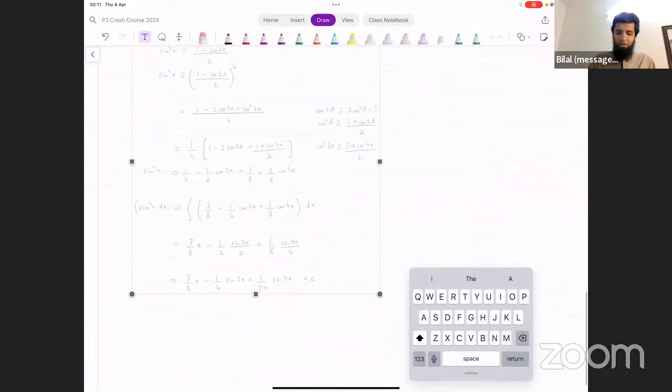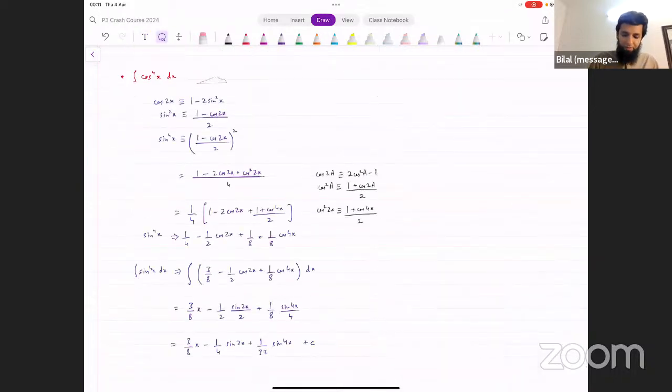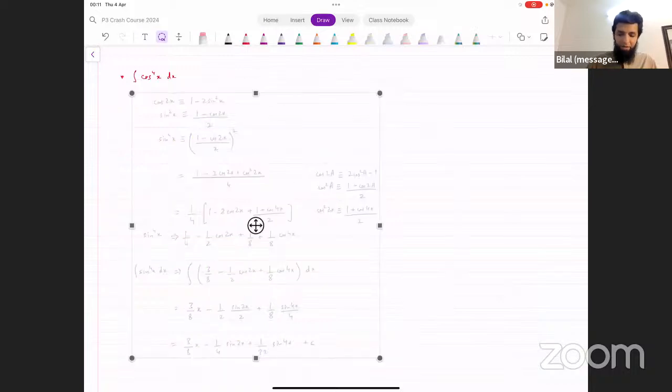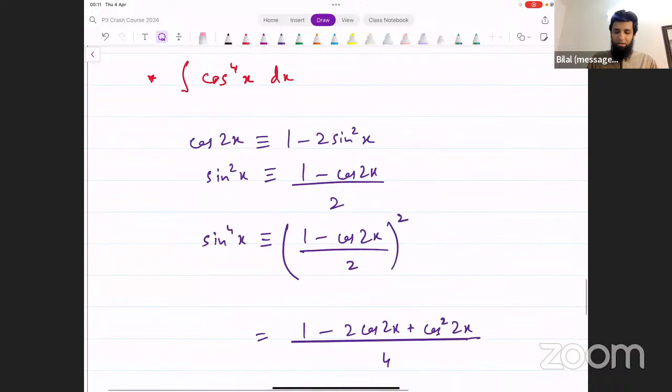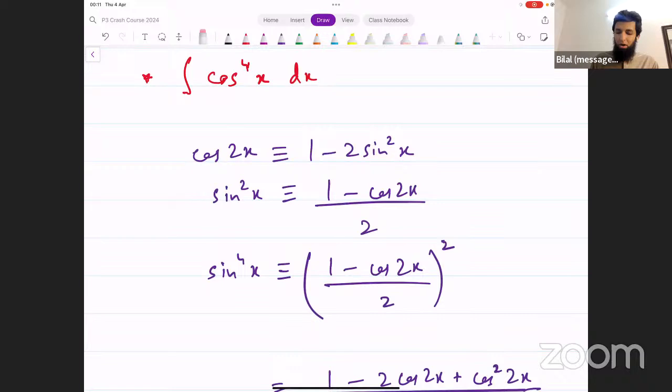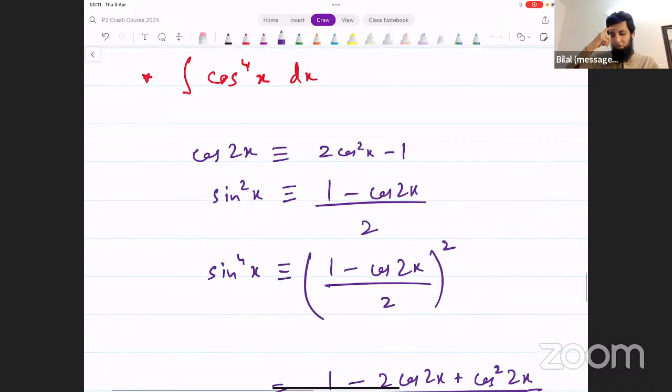So if you had cos raised to power 4x, what about the integration of this now? Again, you use the double angle identity for cos. You're going to start like this. Cos 2x, use the other form now. The other form is 2 cos square x minus 1. Use this form. When you use this form, you'll have cos square x the subject.